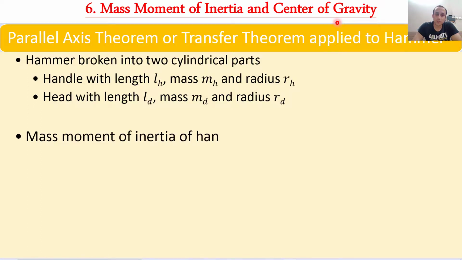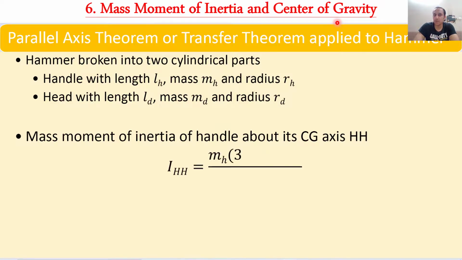So the mass moment of inertia of the handle about its CG axis HH will be equal to what? That is the formula. There is no need to memorize it. This is something which you derived in your dynamics course or some other course. We are not going to derive this formula in this course.